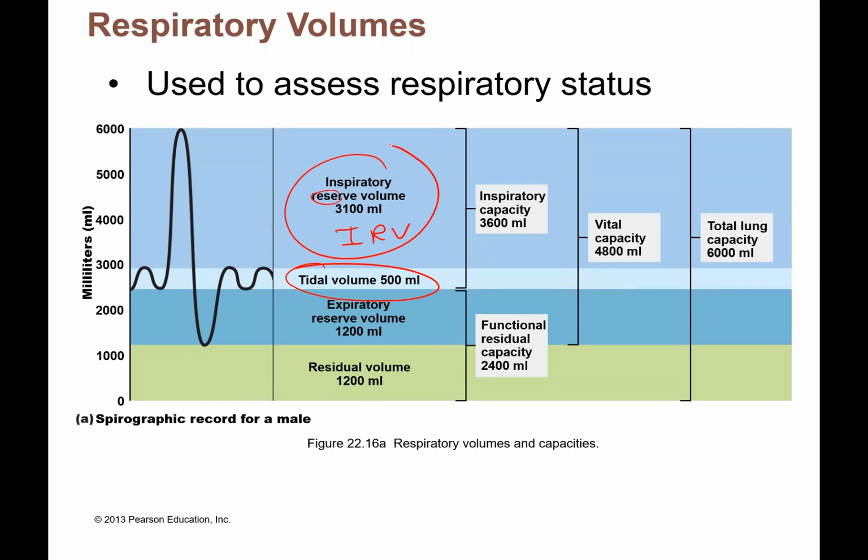Right now everyone is pretty much breathing normal. You inhale, and then at some point you exhale. But what you could do is inhale like normal, and then instead of exhaling, just keep inhaling. At this point, make yourself inhale. That's getting into your reserve volume.